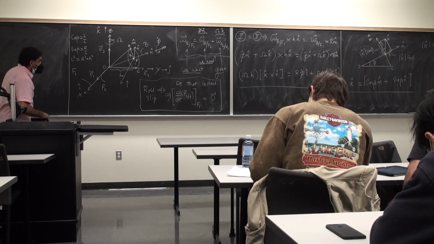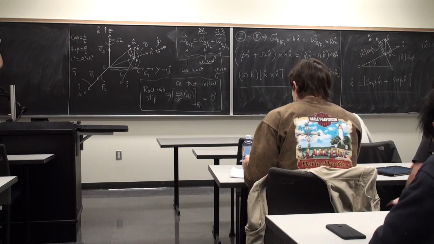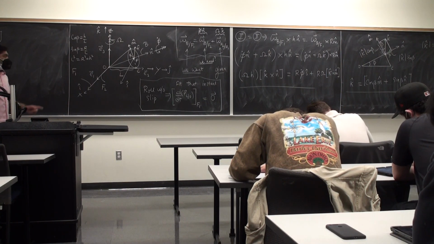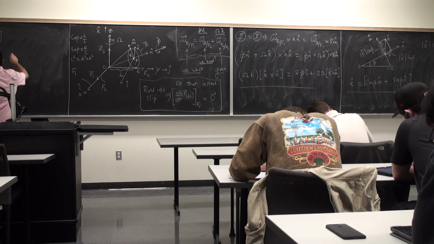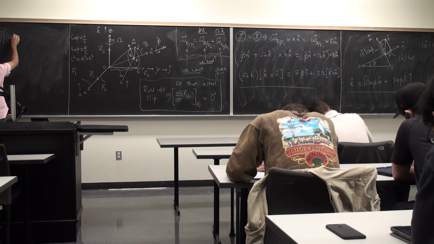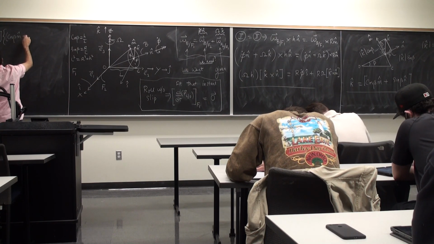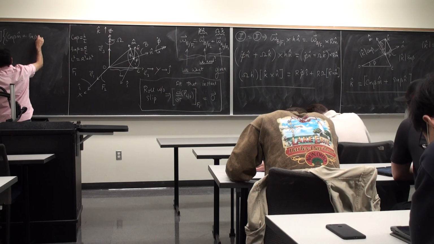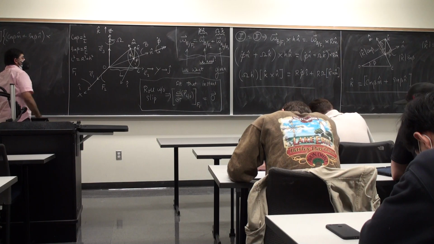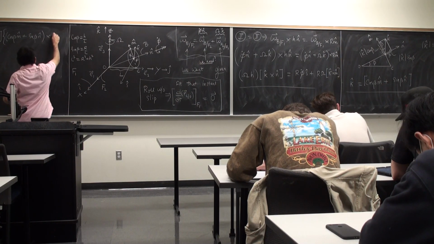Substitute omega h, that's the scalar quantity, k hat crossed with n hat. I'm going to have cosine beta m hat, sine beta n hat crossed with n hat.